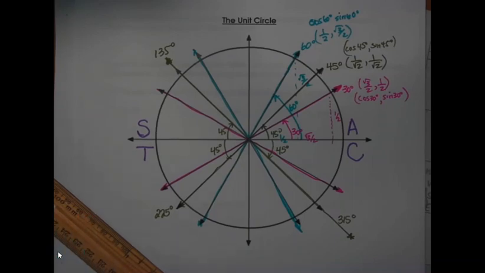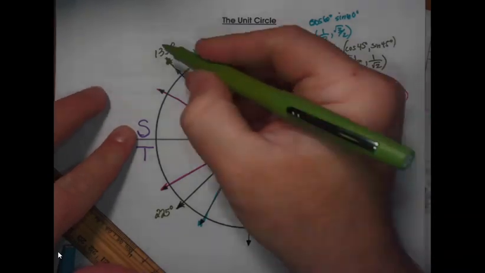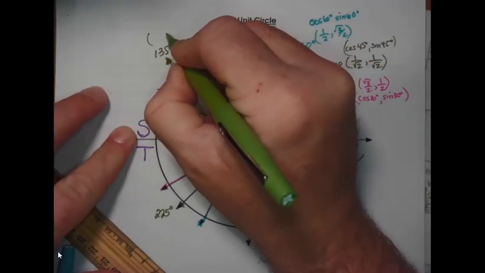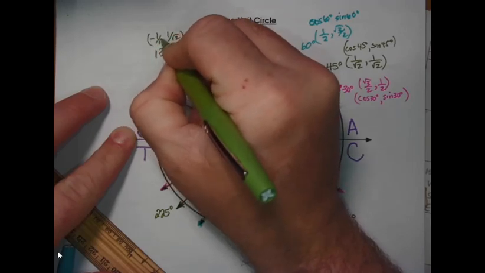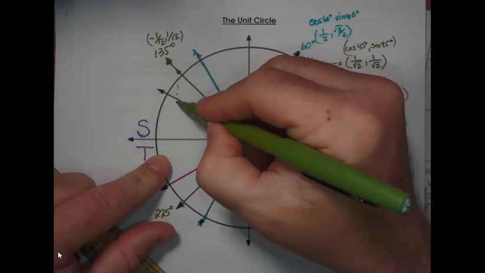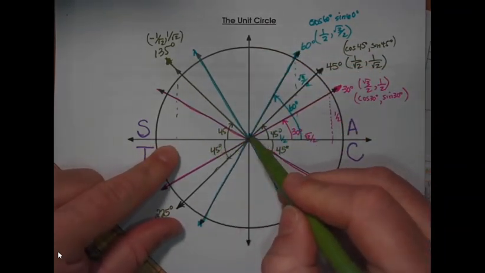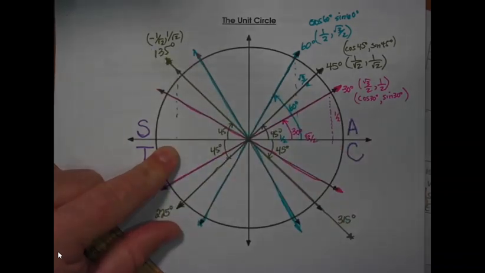So if I was looking at my 45-degree angle, all right, our sine is positive, so 1 over root 2, but our cosine is negative. All right, and if you look at it here, right, I've gone negative direction to that point.